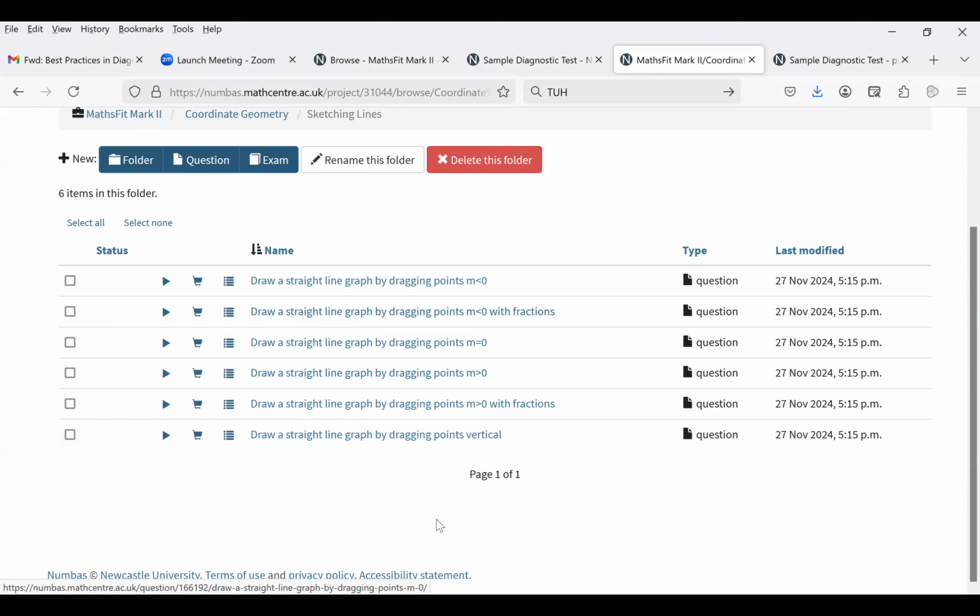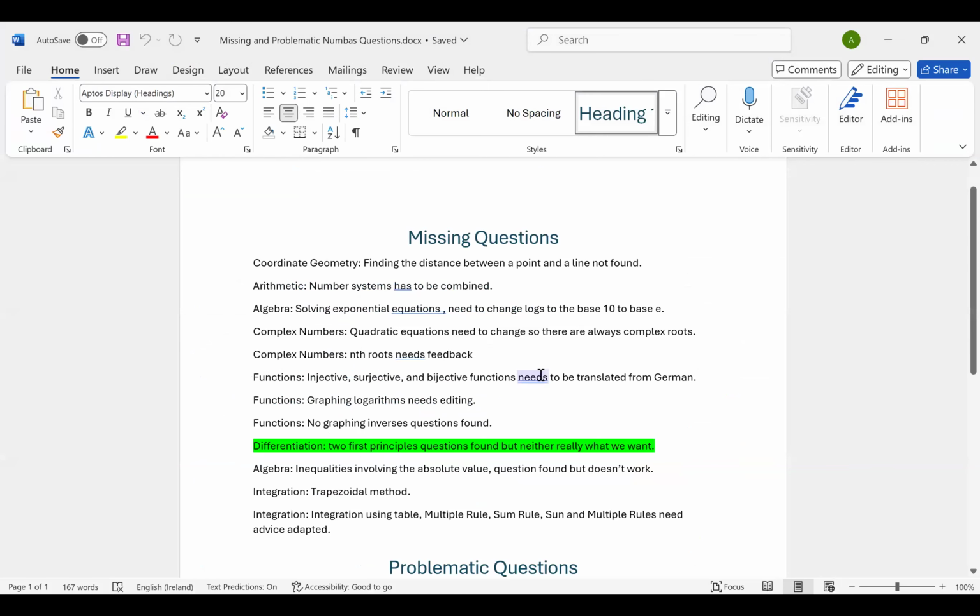We also have a document with what the problems are. There are some questions we couldn't find that we have to write, and this is what we're doing now. Some questions had slight problems with them. For example, for complex numbers, we always wanted complex roots in a quadratic equation, just little things.